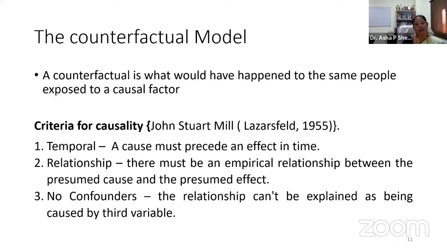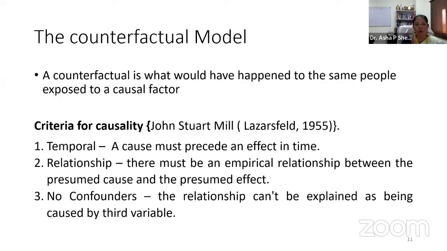Now here, there are certain criteria for causality which were developed by Lazarsfeld in 1955 and which are quoted along with John Stuart Mill in most of the books. So let's understand these simple basic things, and I think if we understand this, the whole design's understanding will be very easy. So one criterion is temporal.